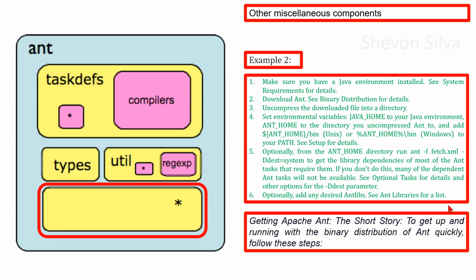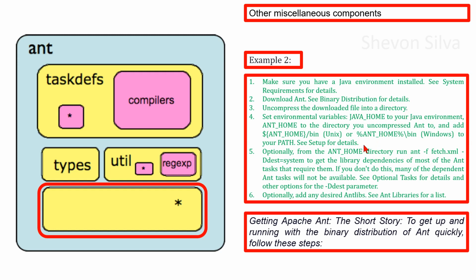To get up and running with the binary distribution of Ant quickly, follow these steps. Step 1, make sure you have a Java environment installed. Step 2, download Ant. And step 3, uncompress the downloaded file into a directory.